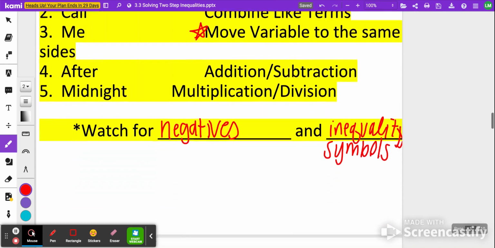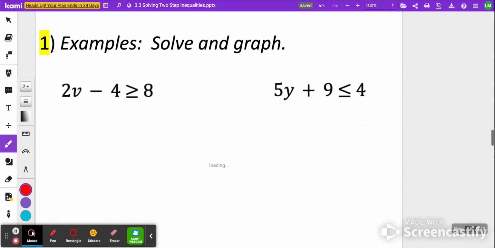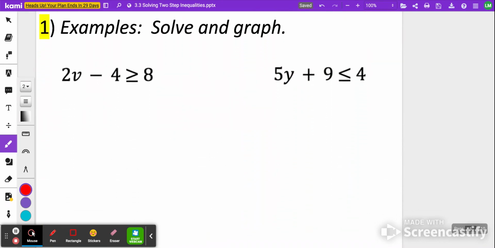click play. All right, we're going to solve both of these, so we're going to solve and graph. Remember, we're using Don't Call Me After Midnight. D is distribute. I don't have anything to distribute in this very first one. I don't have anything to combine, so now I'm ready to move variables. I don't have any two-sided variables, so now I'm just ready to add or subtract.